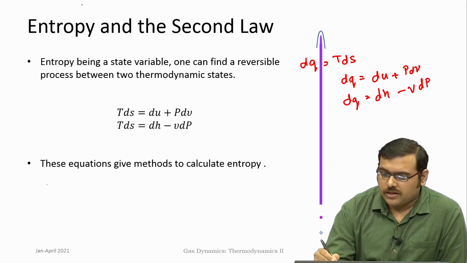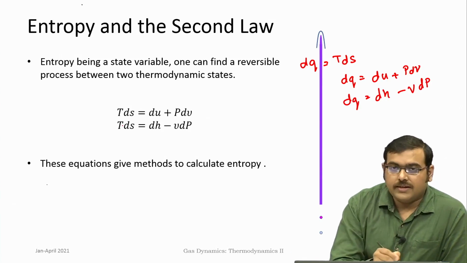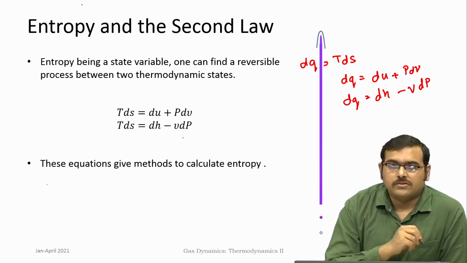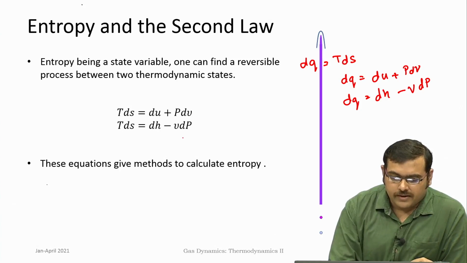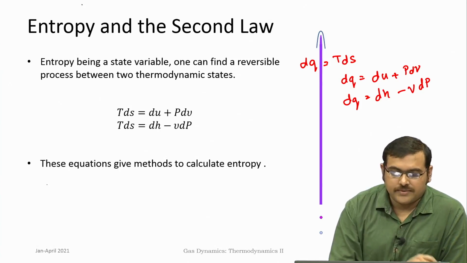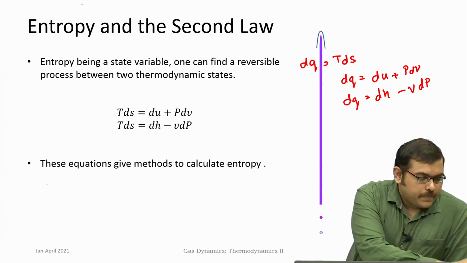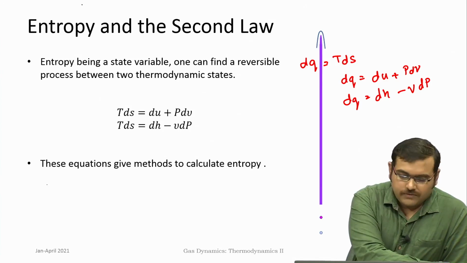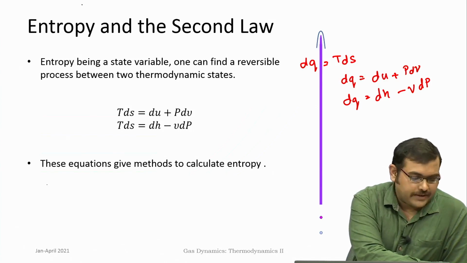Now, here dq can be replaced with Tds, and these two equations provide us means to calculate or estimate the entropy between two states. Okay, so how to clearly go about doing it, we will come to within a few slides.